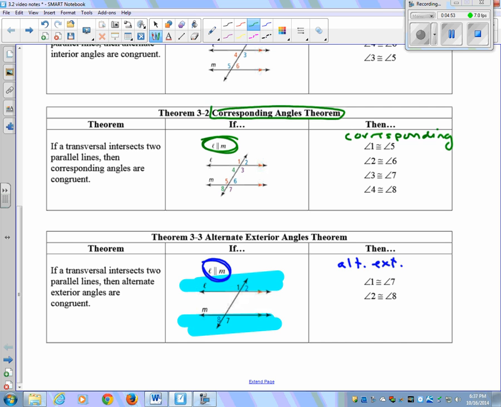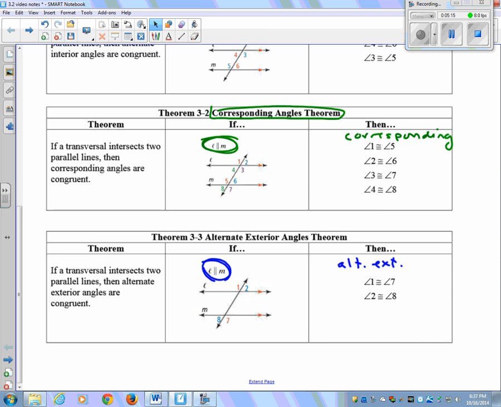So angle 1 and angle 7 are on different sides of the transversal, both on the exterior, and then 2 and 8. So those are alternate exterior angles. And this theorem says if the lines are parallel, then those special angle pairs are congruent.